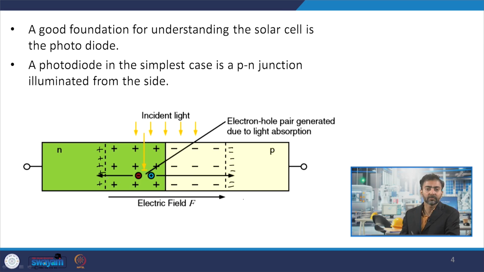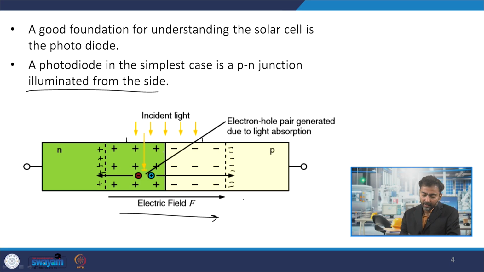The signs are shown here already, and the electric field is there from the n type to p type. So that is the p-n junction, by default. Now, the interesting thing here: it is illuminated from the side. In a physical photodiode, it will be a small cylindrical element with a glass opening on one side, a slit sort of thing for light to enter.